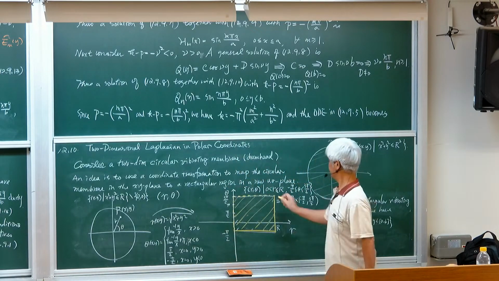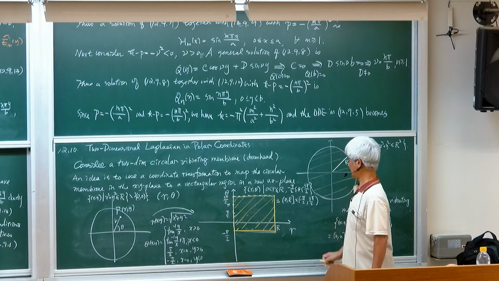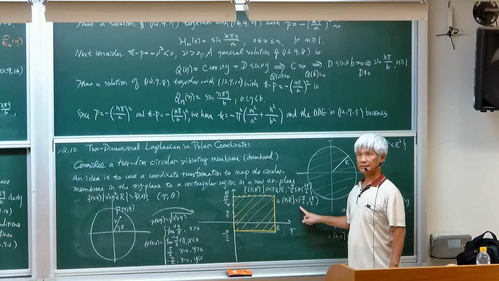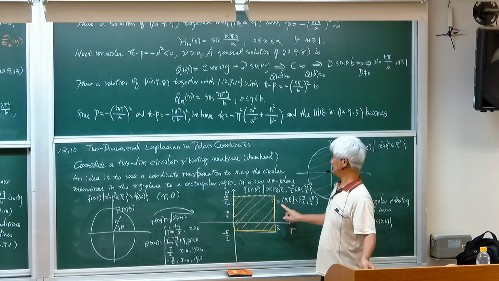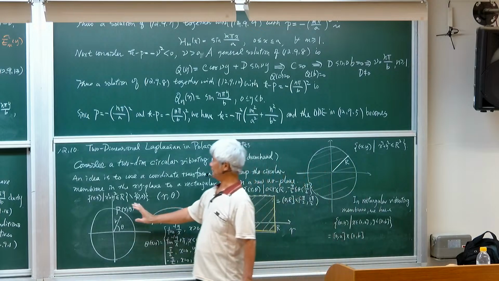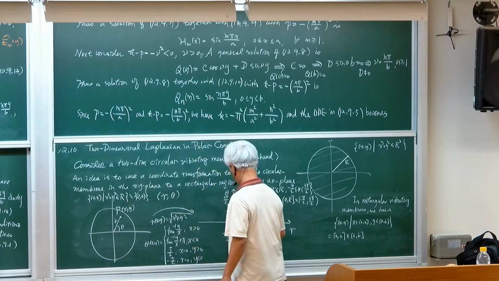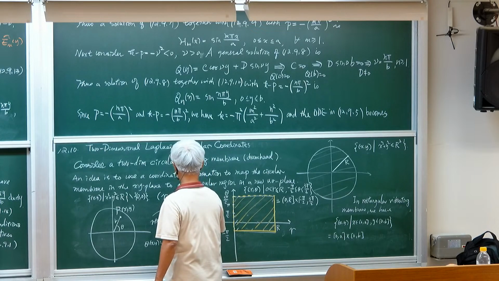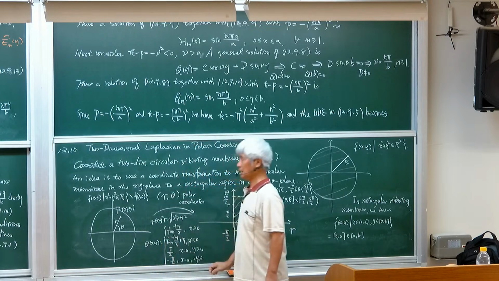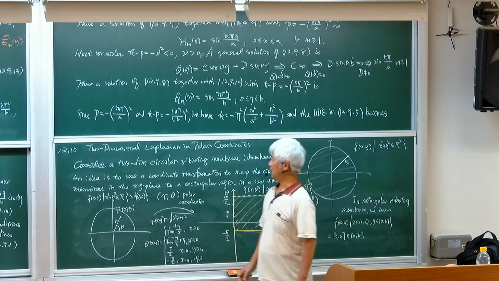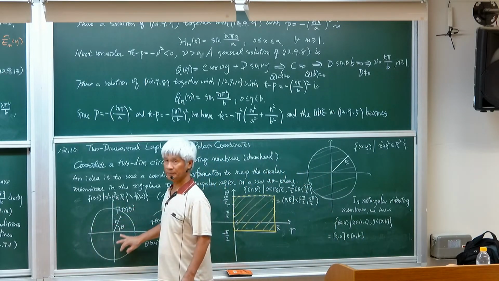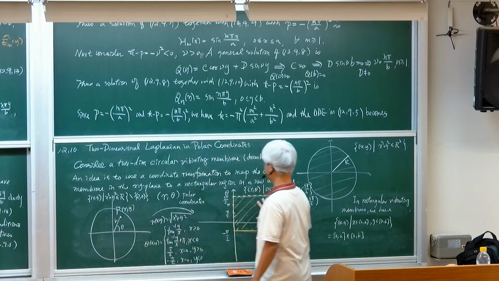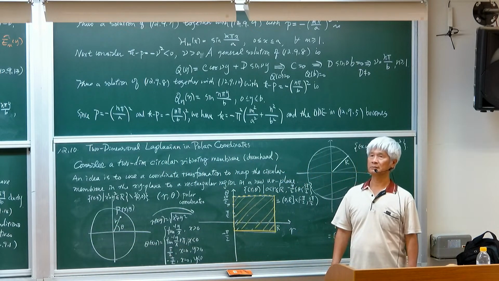You can see the region in the polar coordinates. You transform a circular membrane into a rectangular membrane.